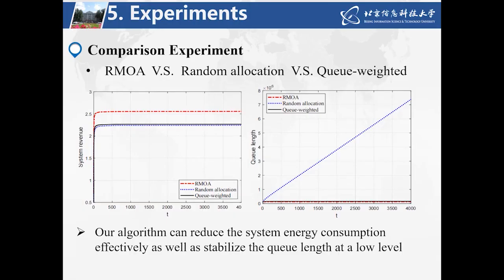In the last, we evaluate the performance of our RMOA algorithm compared with 2 other representative baseline algorithms.